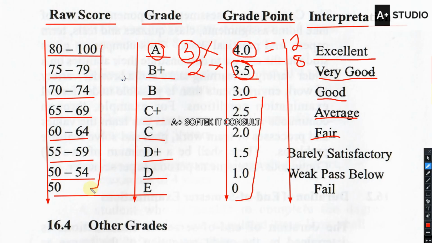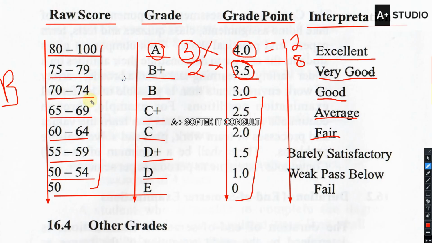Sometimes on your transcript and in your student information portal, you may not have this additional information. So you should just know that anytime you have a B on your transcript or result, that B ranges from 70 to 74. Automatically you should know that you had a range of 70 to 74.